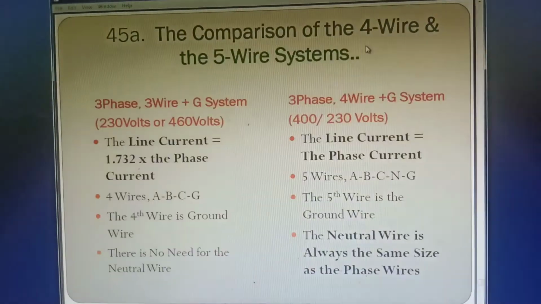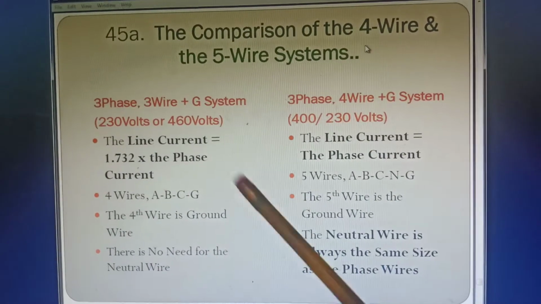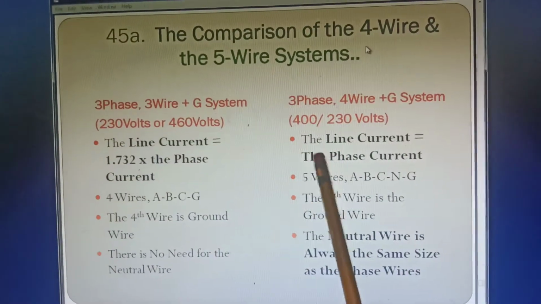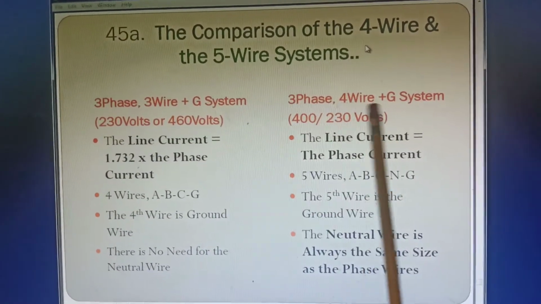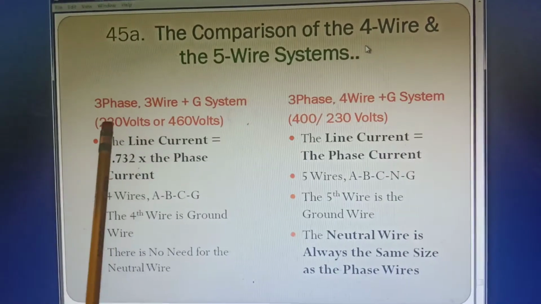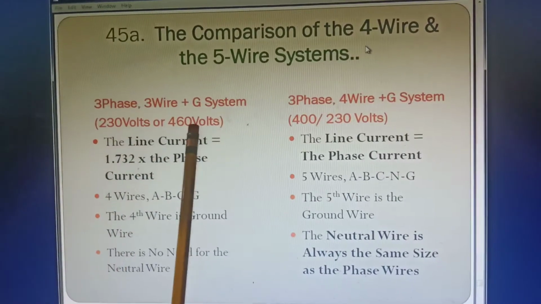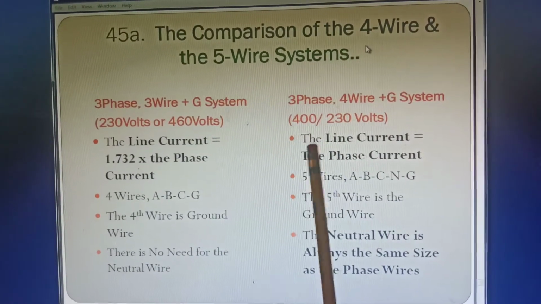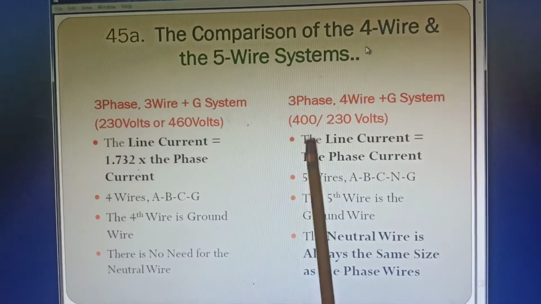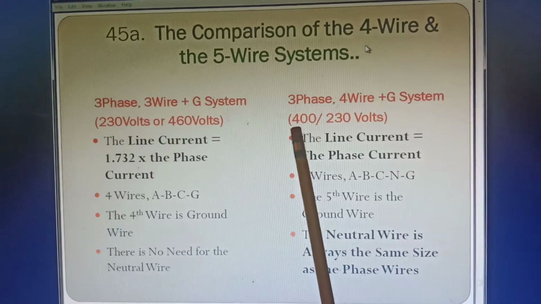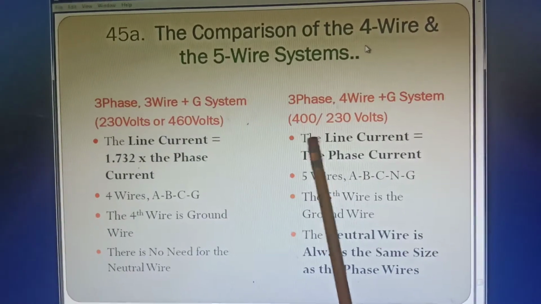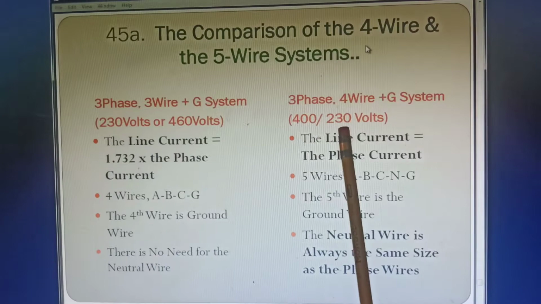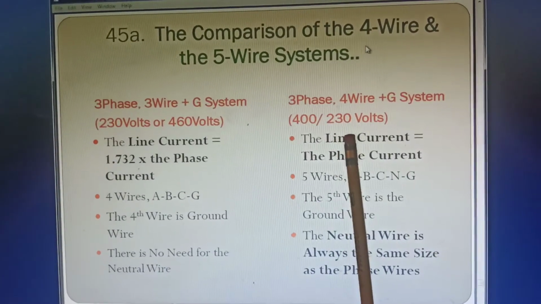Okay, so next slide we show here the difference between the 3-phase 4-wire plus ground system and the 3-phase 3-wire plus ground system. In the 3-phase 4-wire you usually have two voltages available, which is 400 volts from line to line, and 230 volts from line to neutral.